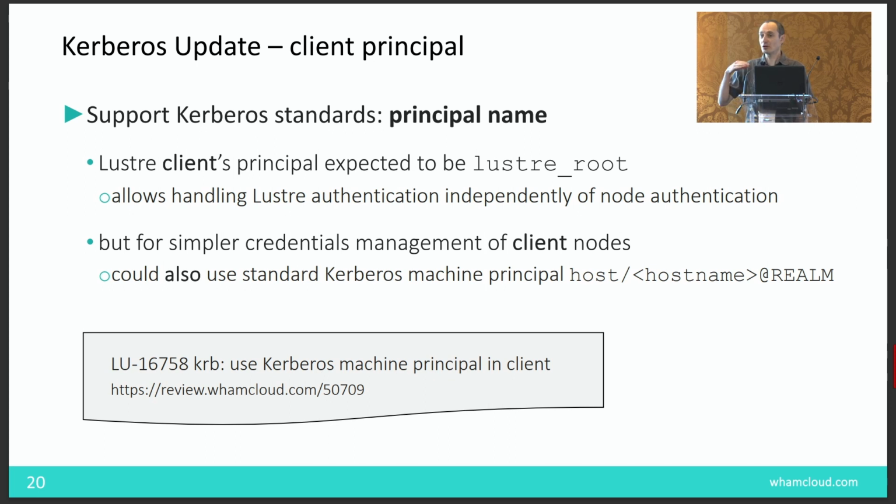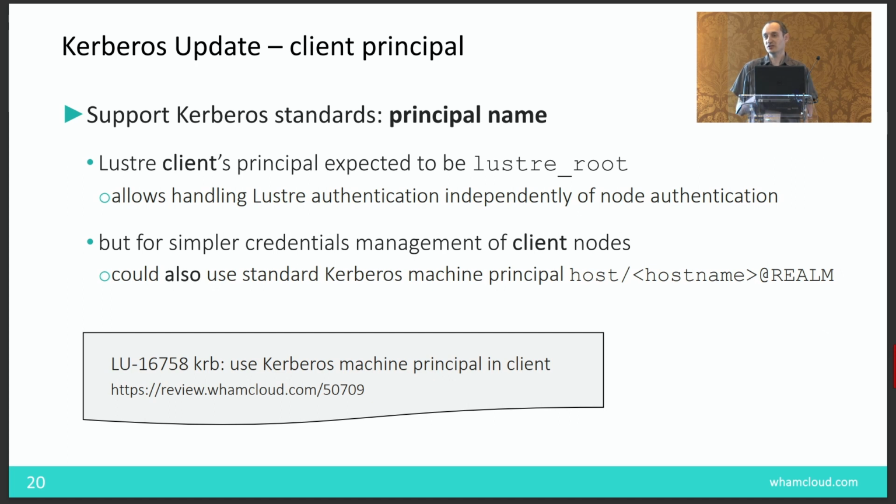But imagine that you have a large cluster with a large number of clients. It can be cumbersome to have to declare principals for each of those nodes, especially if this number of clients can change over time. So we now support the host principal as well in Lustre.